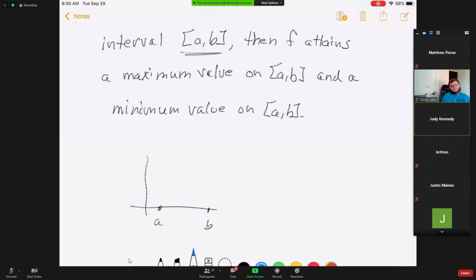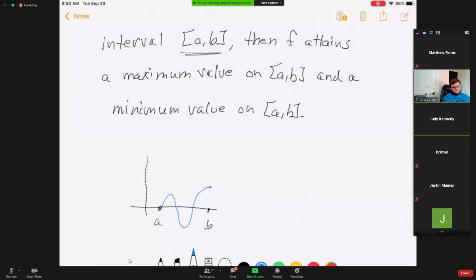And again, I don't have any idea what f is doing. Not even a function, because it wouldn't pass the vertical line test. Okay. So maybe f looks like this.